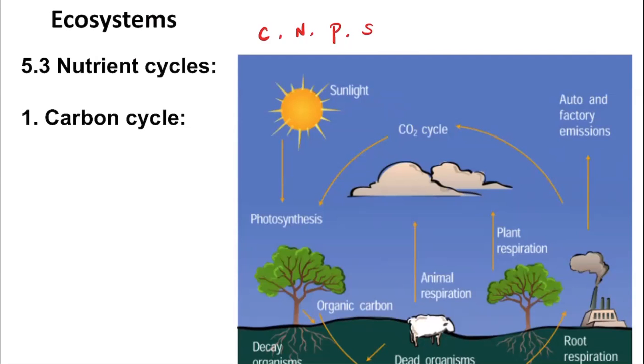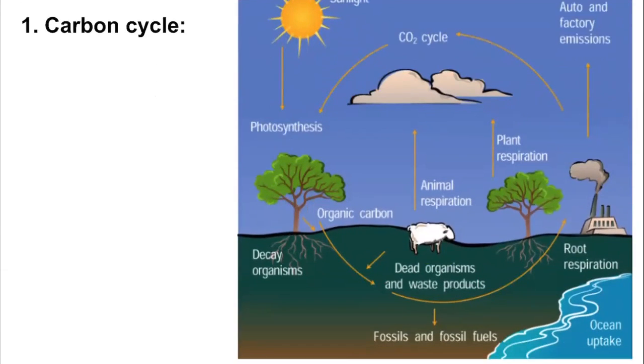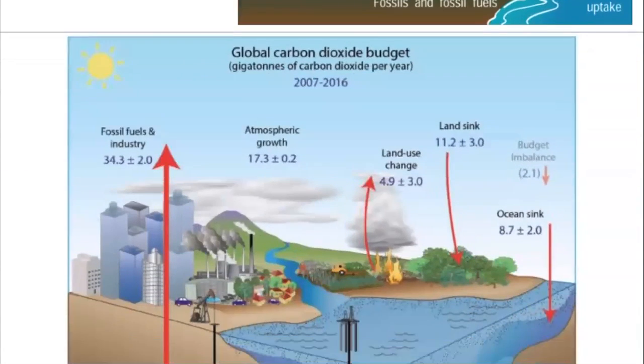Basically, plants do photosynthesis, right? And then there is respiration from all the animals. Also we mentioned that fossil fuel combustion is a major source for the carbon on our Earth, right?